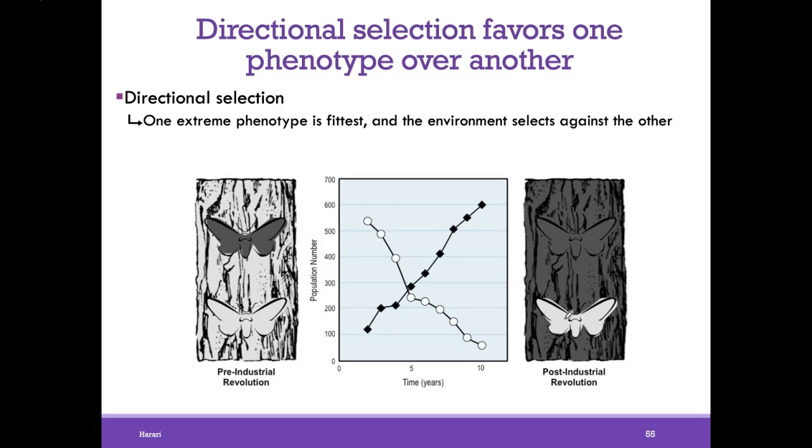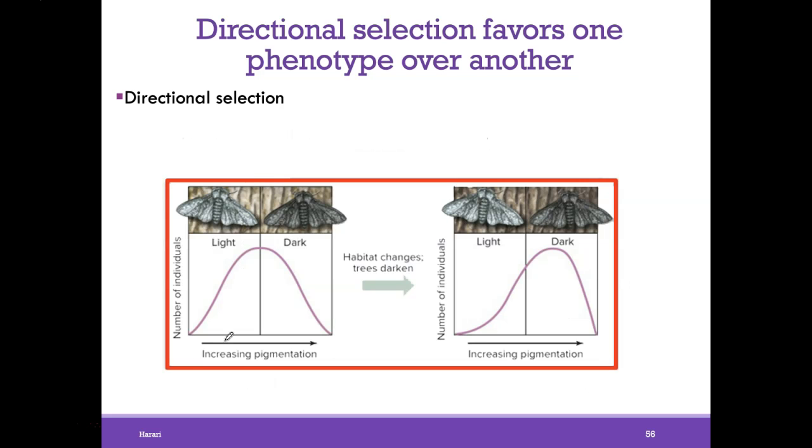So again, this is directional selection because one extreme was favored as opposed to another. At first maybe there was no difference, but as the habitat changed and the trees darkened, the darker moths were selected for, and the lighter moths were eaten. So in this way, there is a direction to selection. It's toward one extreme.